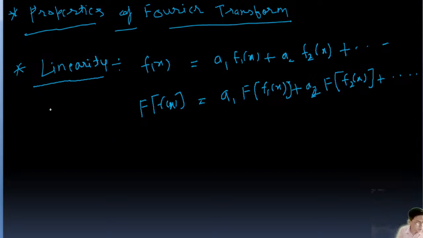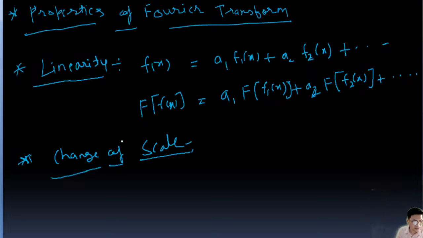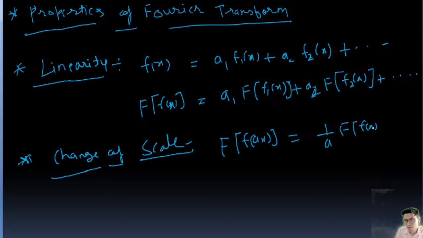Next property is change of scale. You have to find the Fourier transform of f(ax), that is going to be 1 upon a times the Fourier transform of f(x).